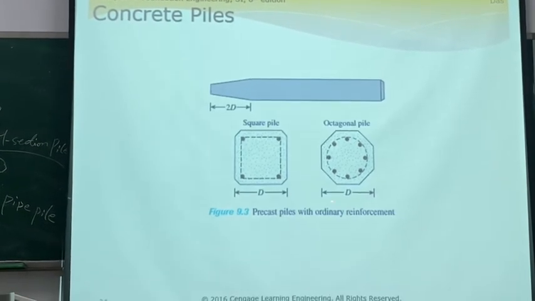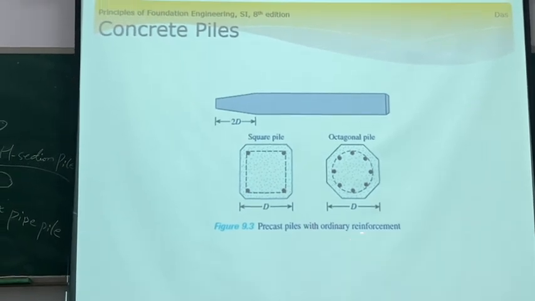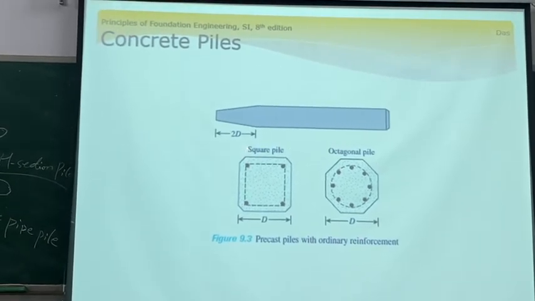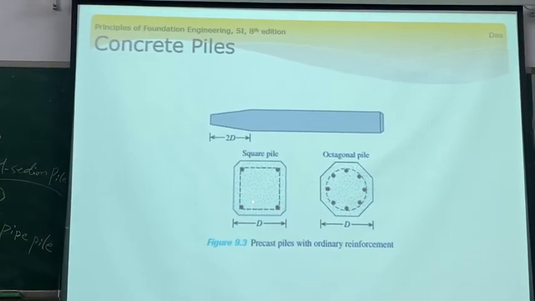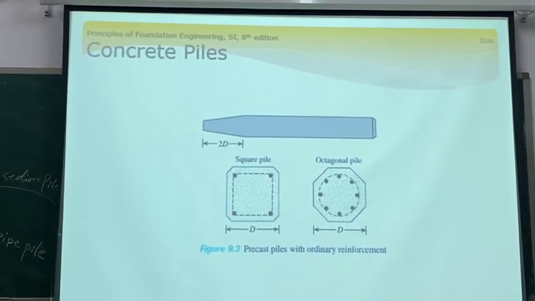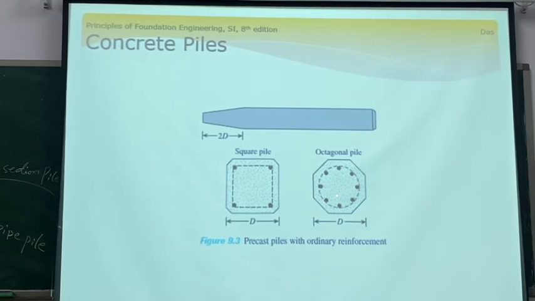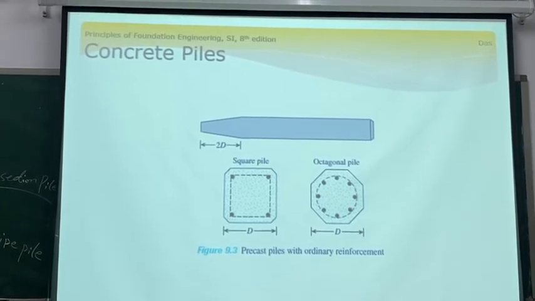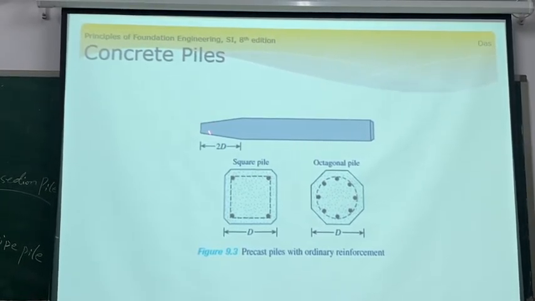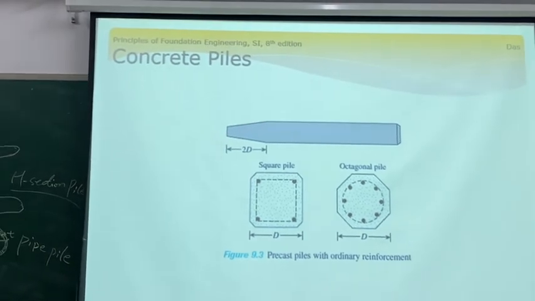Yeah, this is the precast pile with ordinary reinforcement. This is a square pile. This is an octagonal pile. This is the tip of the pile.